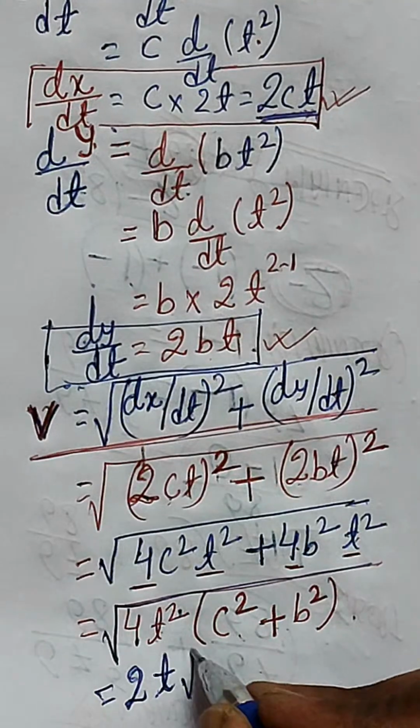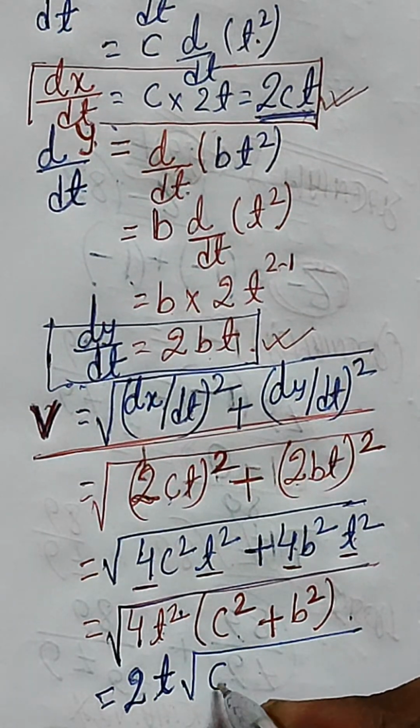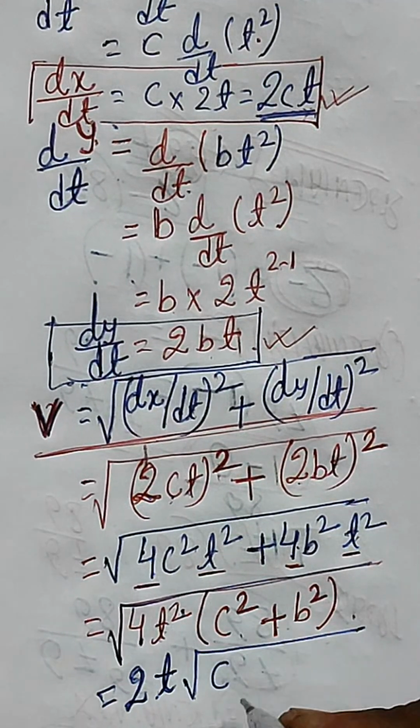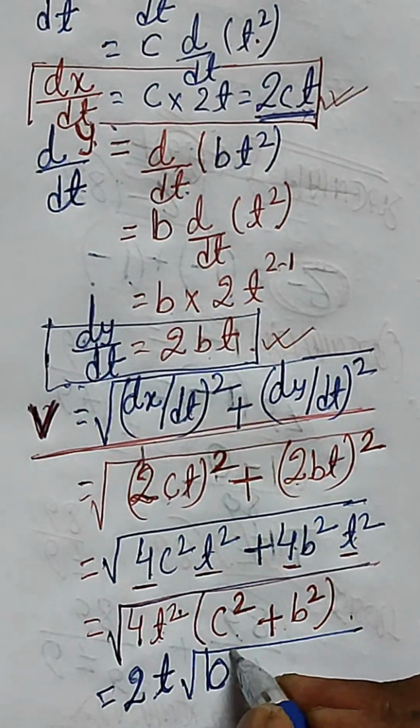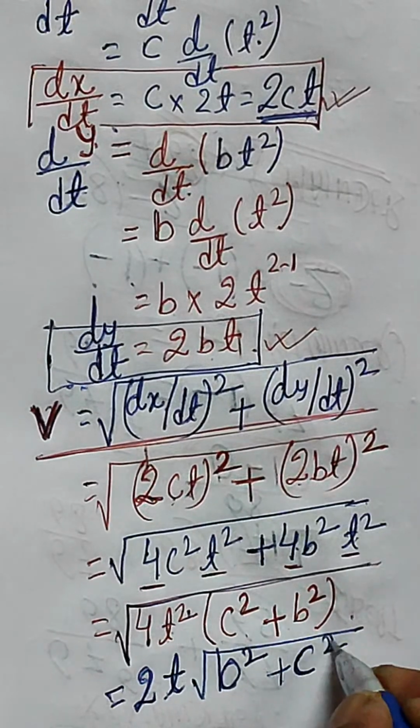And we are left with root over of c square plus b square, or we can reverse it, right? So let's say b square plus c square.